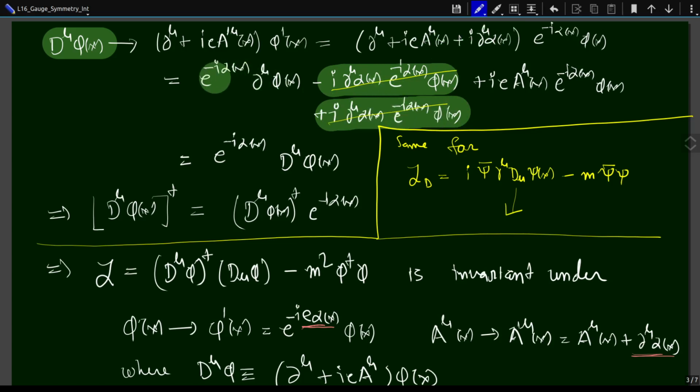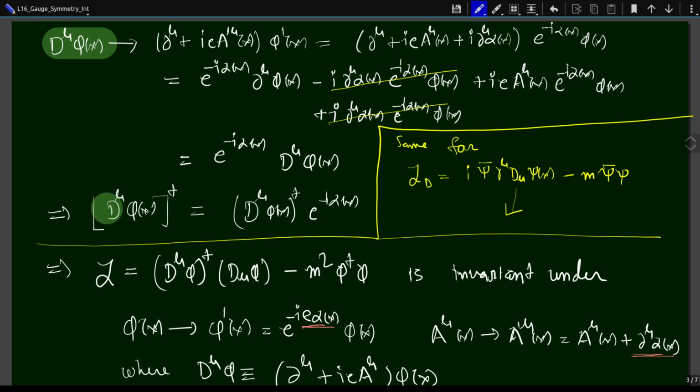So I just have the first and the third term, where I take the exponential outside the bracket, and whatever is left is nothing but the definition of D_μ. So D_μ φ(x) transforms exactly as advertised, exp(-iα(x)) times D_μ φ(x). The same thing we can do with the ψ field, the fermionic field.